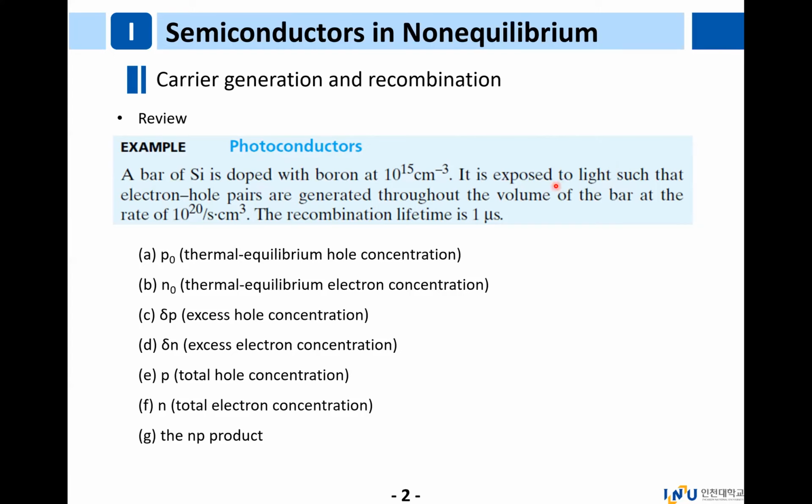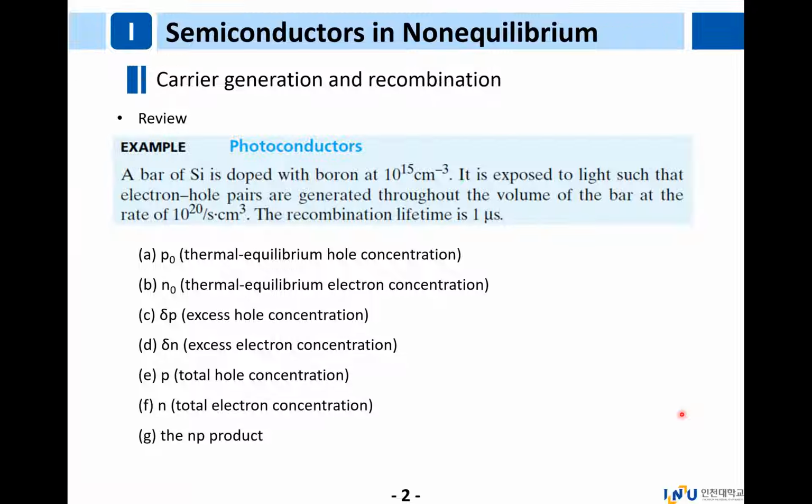The generation rate in this example is 10^20 per second per cubic centimeter. The recombination lifetime is given as 1 microsecond.